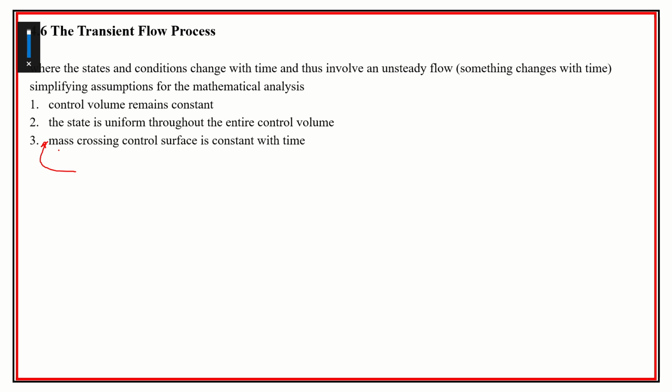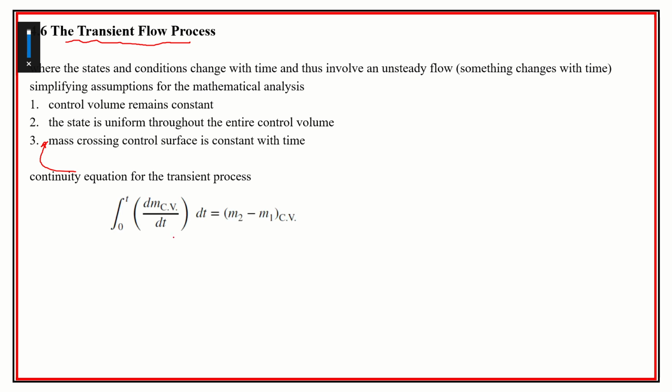So the mass inside might not be constant with time. In fact, that's really the thing that we're going to be doing. Really, the only type of transient thing we're going to be doing is that the amount of mass inside the control volume changes with time. So the continuity equation, therefore, is going to become the change in the mass in the control volume with time, which is the difference between 2 states, state 2 and state 1.